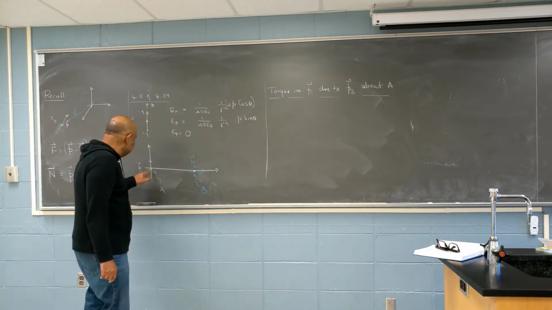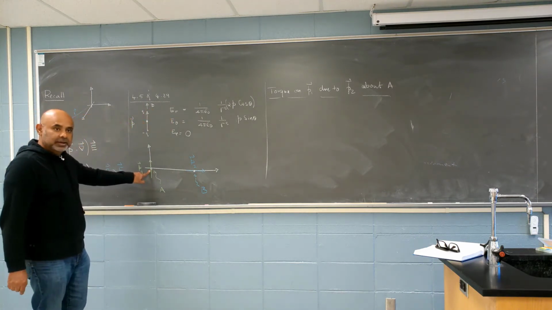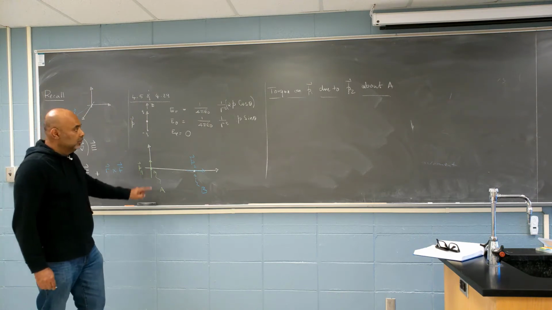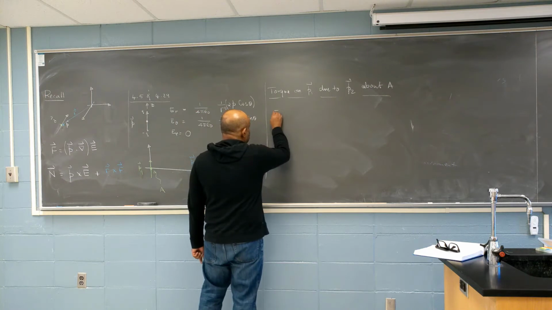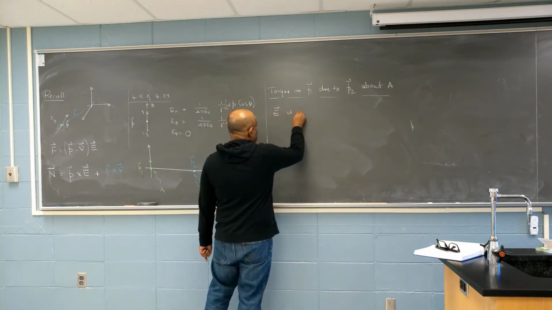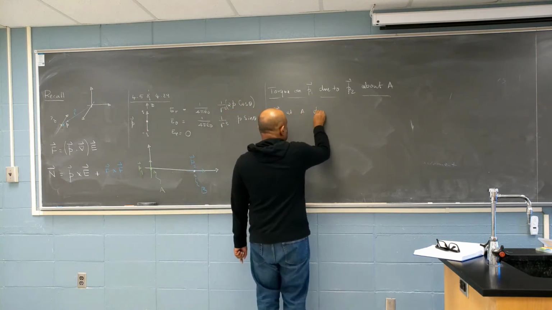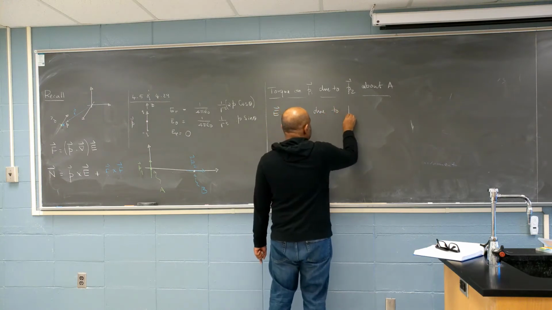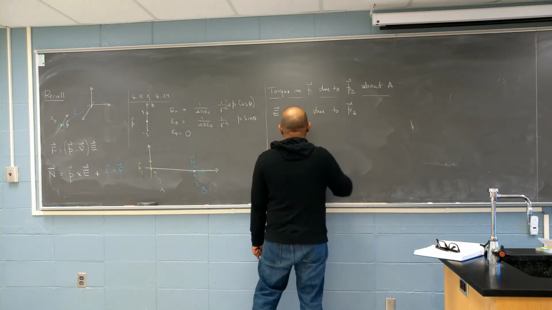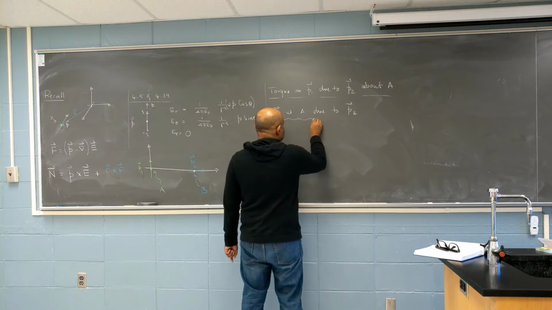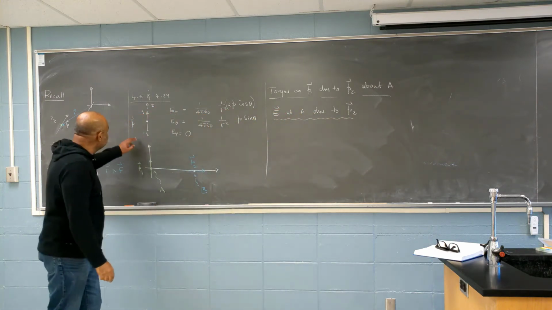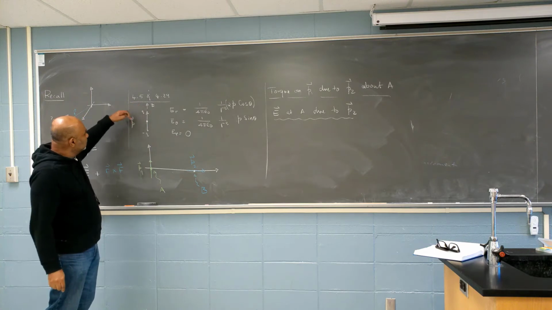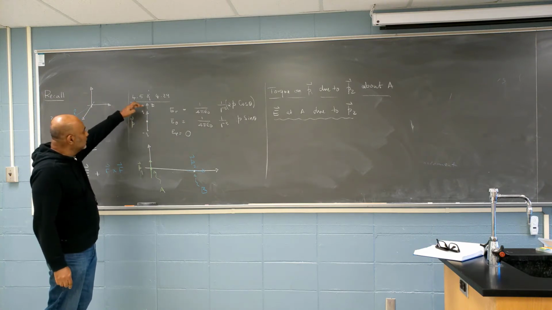So I need to get the electric field here. This is a subsection. Now this problem is this dipole is aligned along the z-axis.